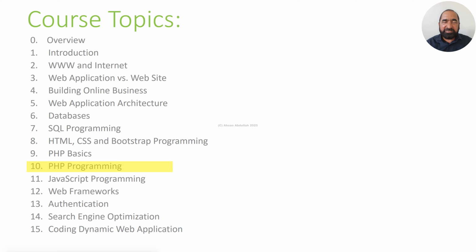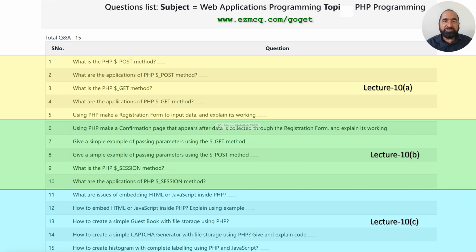Topic number 10 is the topic which we are covering, which is PHP programming. And that topic is further divided into 15 questions and answers. All of the questions and answers basically are concepts. So the first 5 questions and answers are covered in lecture 10A, the next 5 are covered in 10B, and the last 5 are covered in 10C.